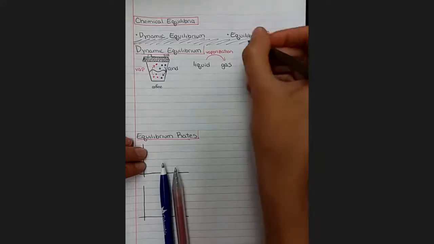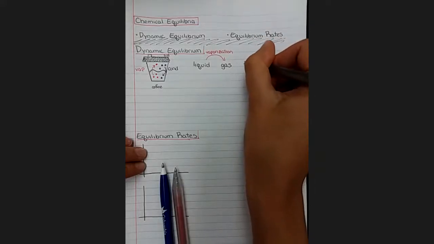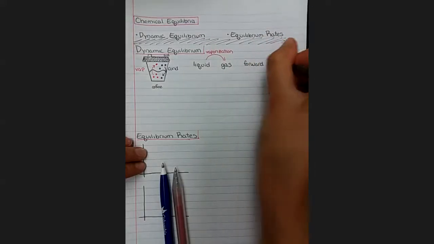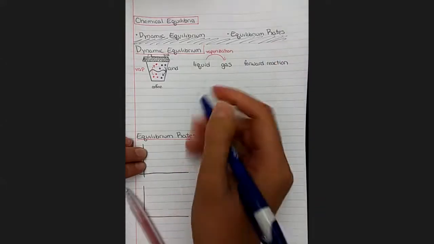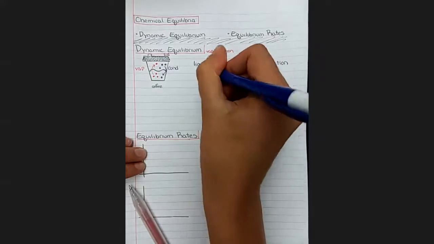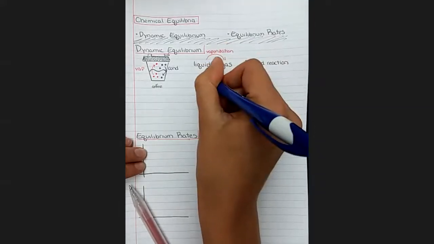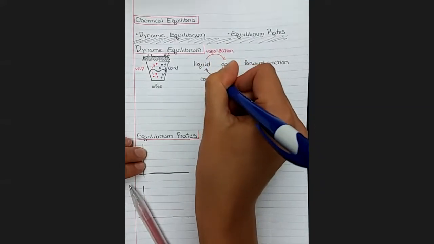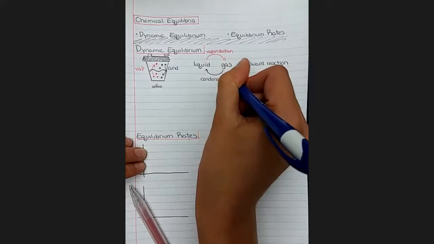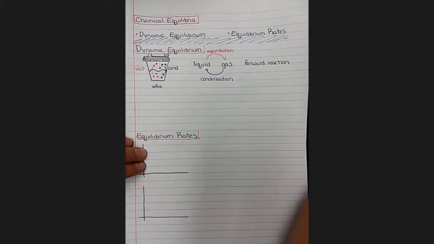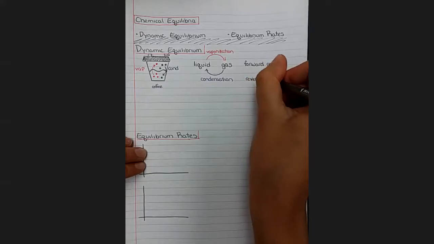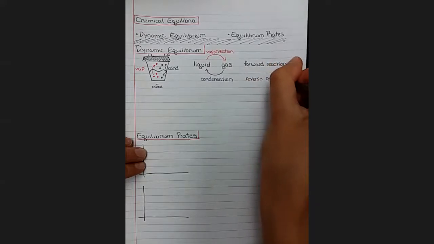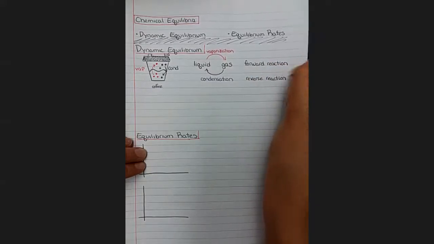And now we're going to rename it, and we're just going to call it more generically the forward reaction, going from left to right. And we also named the reaction from gas to liquid. We called that condensation. And we can name that one the reverse reaction, meaning it moves from right to left as written.